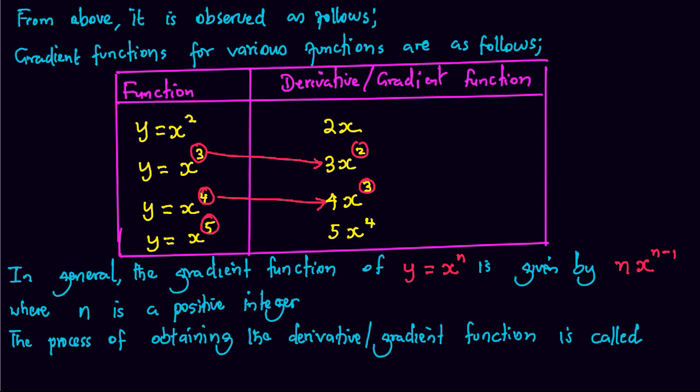So that gives us the general formula n x raised to n minus 1, where n is a positive integer.